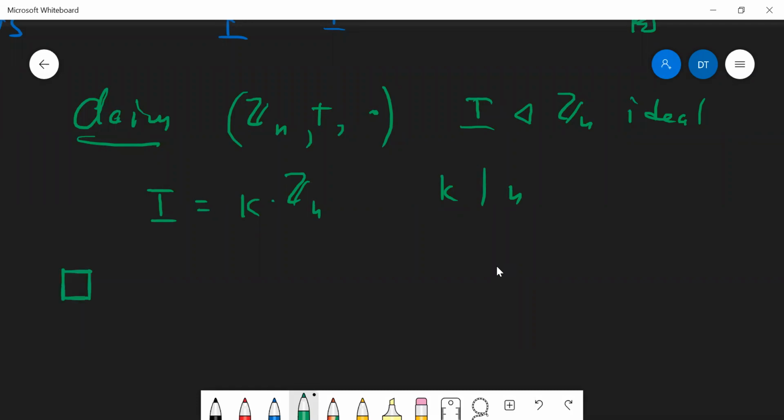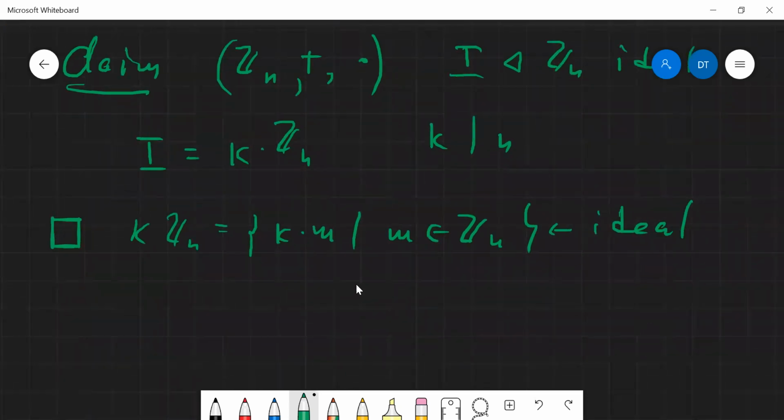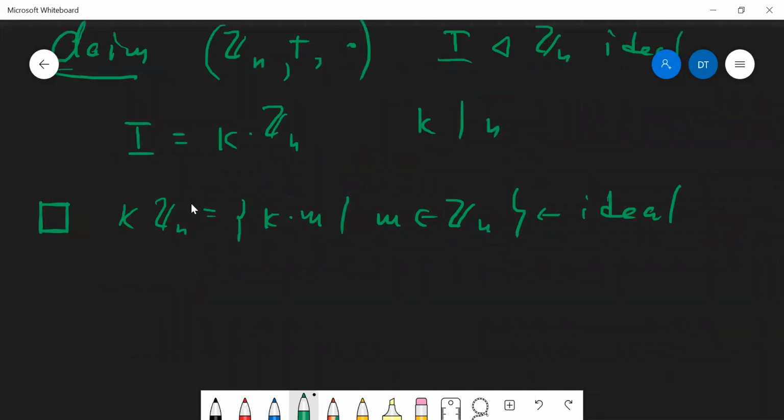So first of all, if we take an arbitrary k and consider this set, which is k times m, where m is an arbitrary remainder, then this is an ideal. This is just a remark showing that every subset of this form is an ideal.